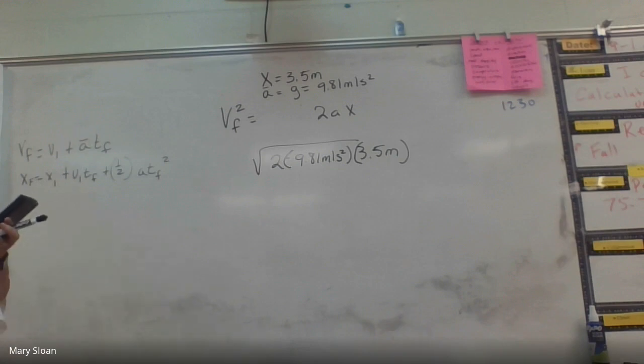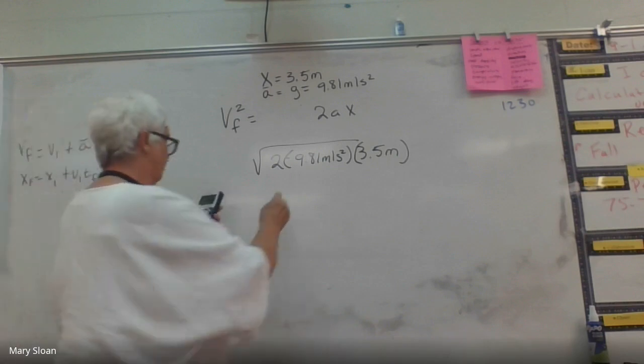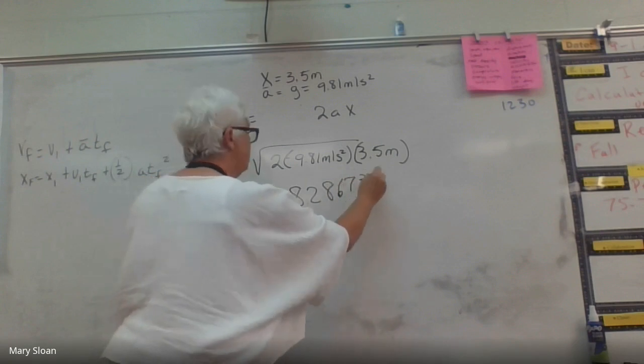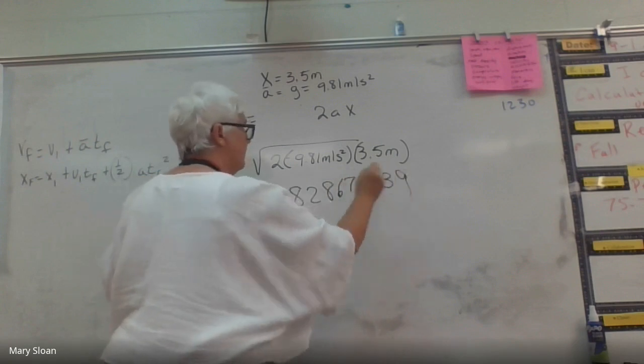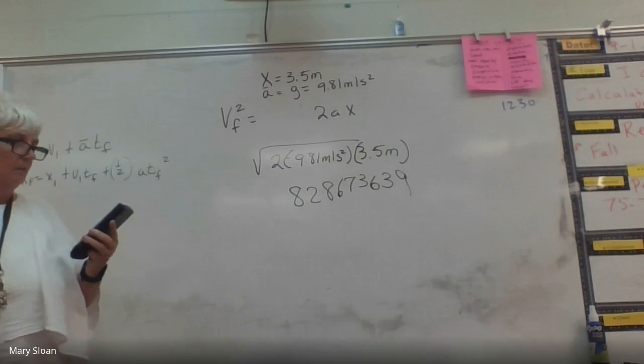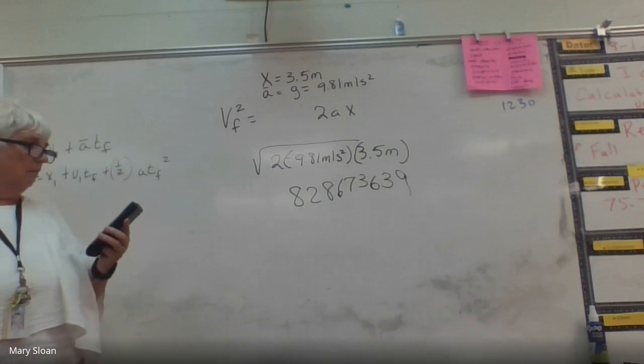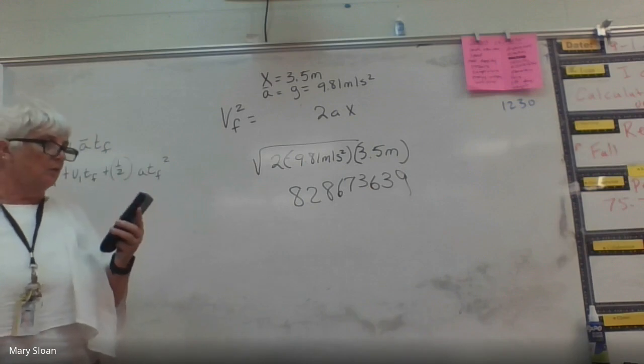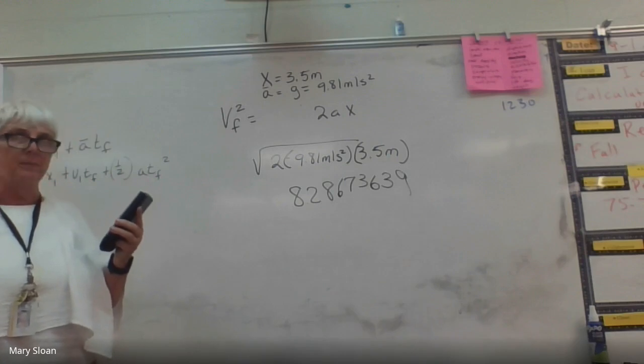What'd y'all get? 8.28. 8.28673639. Is that the number you got in your calculator? I didn't get the 6, 7. Okay, did you do 2, open bracket, 9.81, close bracket, 3.5, and square root?